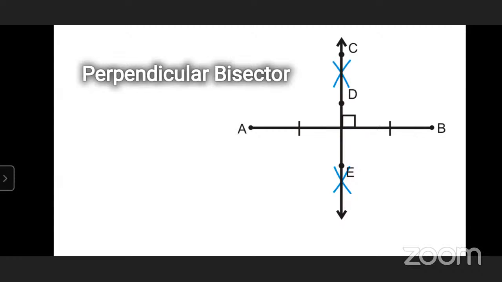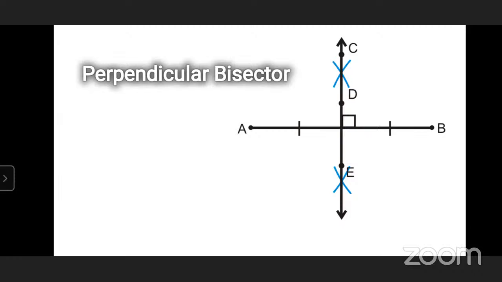Another property of that is that the distance of the circumcenter from every vertex of the triangle is the same.